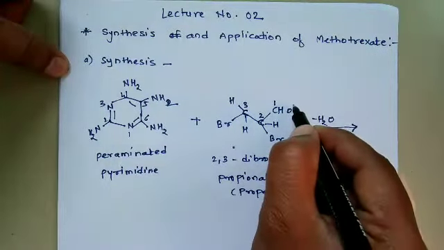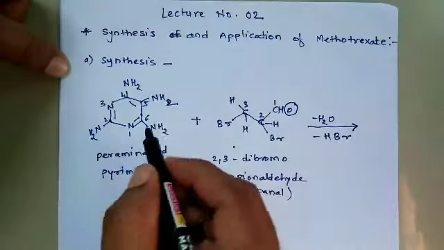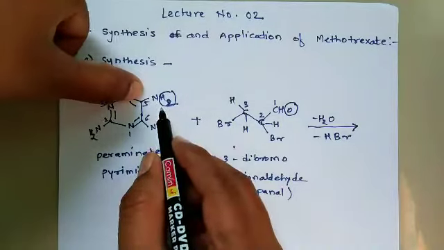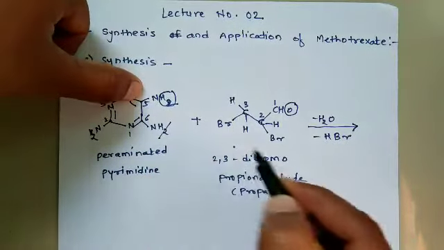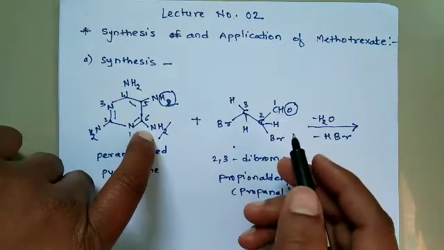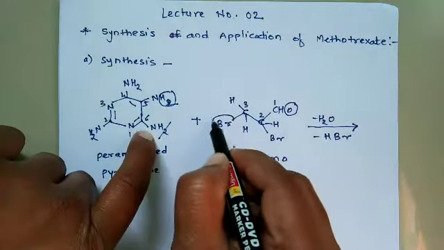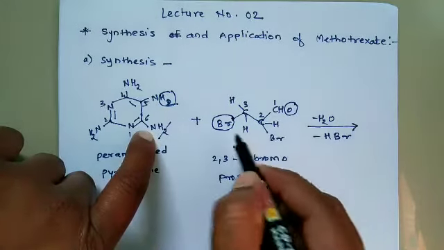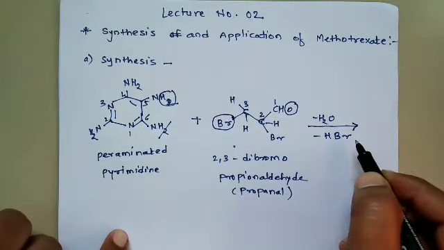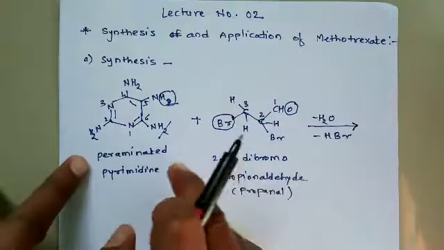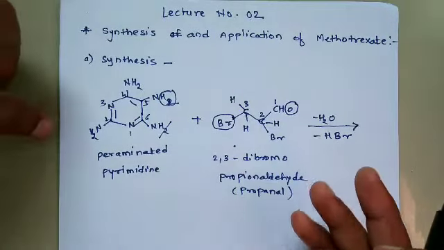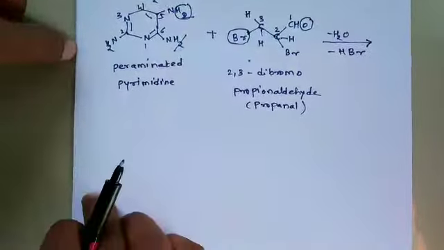Oxygen from this aldehyde carbon and 2 hydrogens from the fifth position nitrogen, and 1 hydrogen from the 6th position nitrogen and 1 Br from the third carbon. Like this, when H2 and HBr are eliminated, then this reagent and reagent form a cyclic compound.